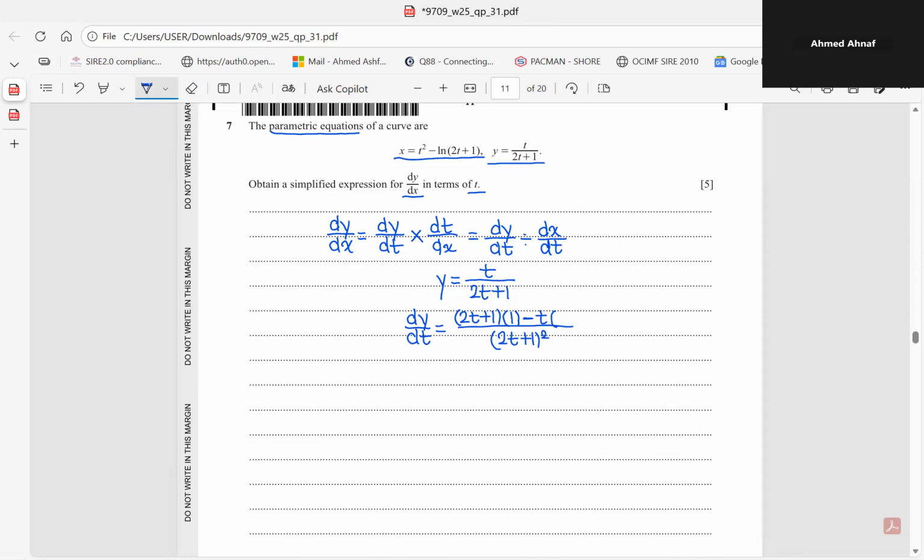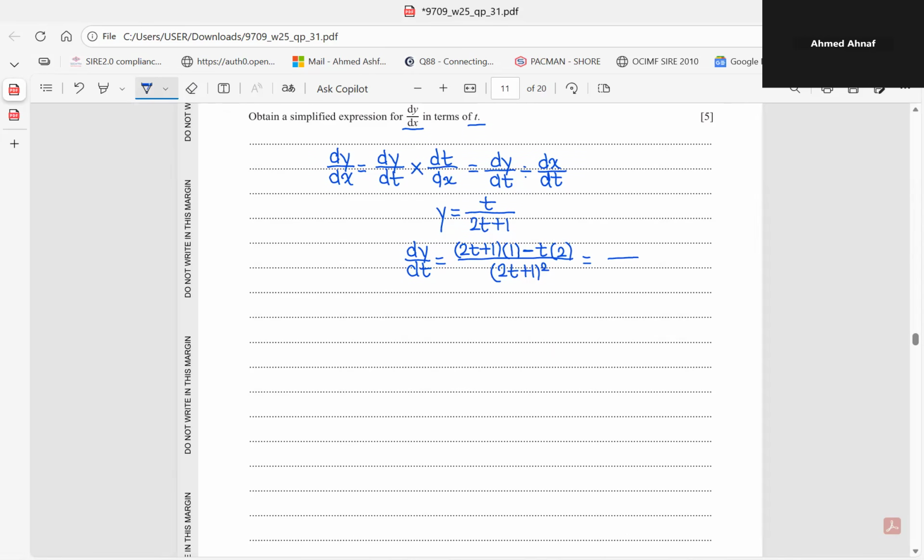You differentiate, you will get 2. So you just multiply by 2. So simplifying this, you'll get (2t plus 1 minus 2t) over (2t plus 1) squared. Yeah, so 2t minus 2t gets cancelled out. You would get 1 over (2t plus 1) squared as your final answer.